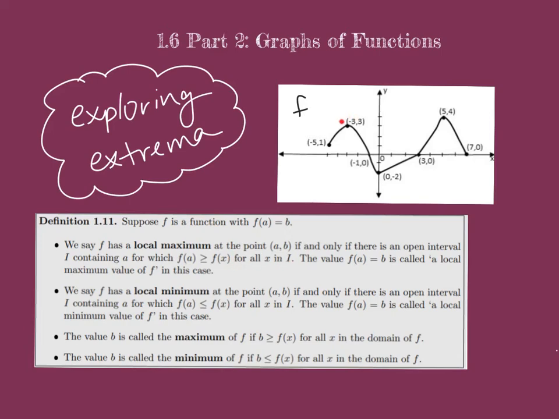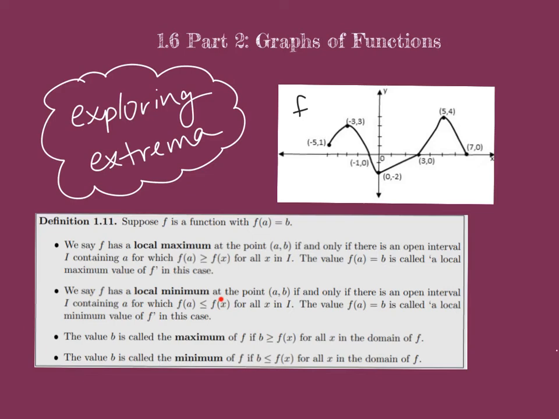So we can see that this coordinate point, (-3, 3), its y value, f of -3, which is up here at 3, is greater than all the other y values around it in some small interval I. That's why this is a local max.